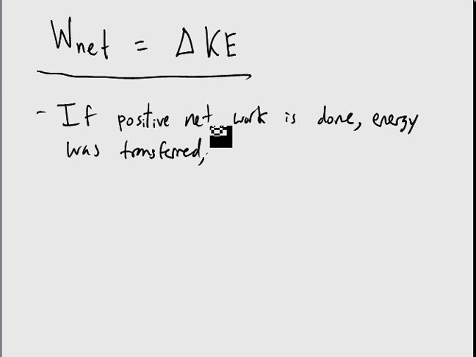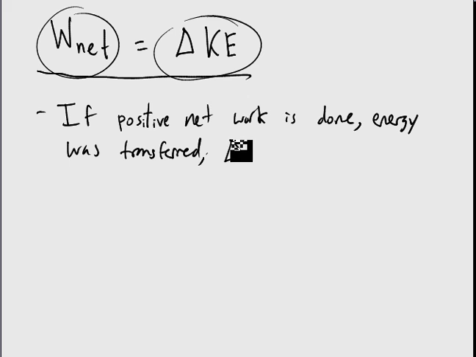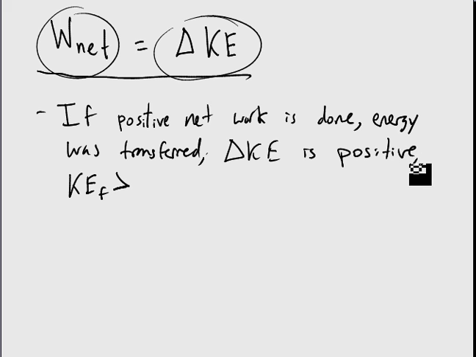Which means that, if net work is positive up here, the change in kinetic energy is positive. But that really means that the final kinetic energy is greater than the initial kinetic energy.